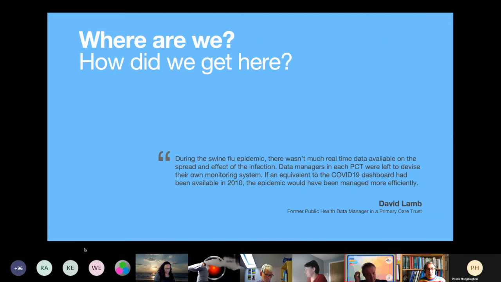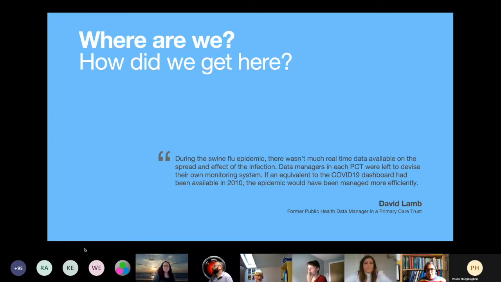Okay, next slide. This is just a quote from David Lamb, who was a public health data manager in a PCT, talking about the swine flu epidemic and the availability of real-time data.